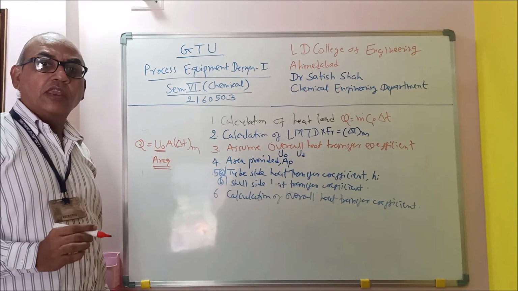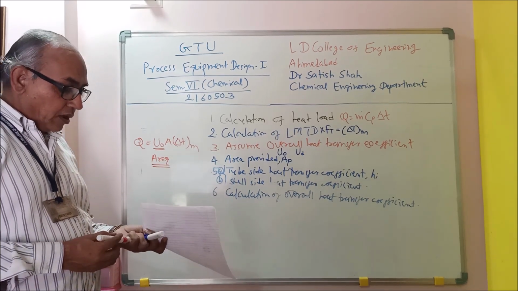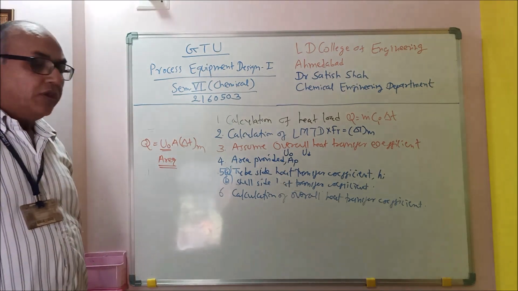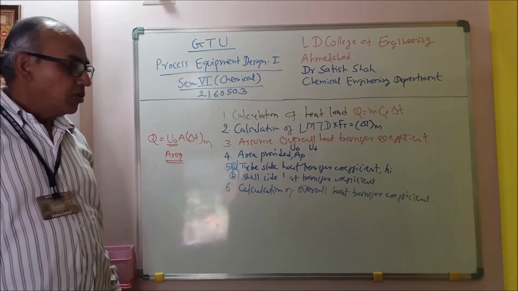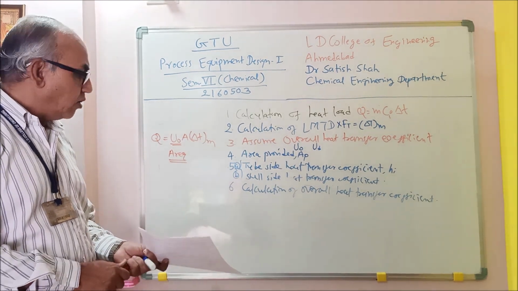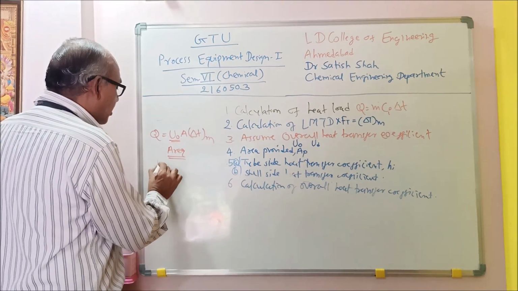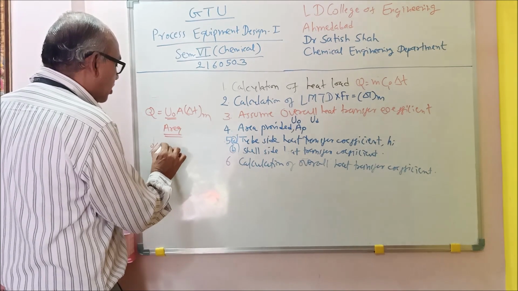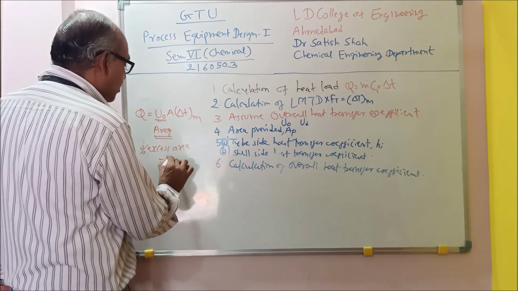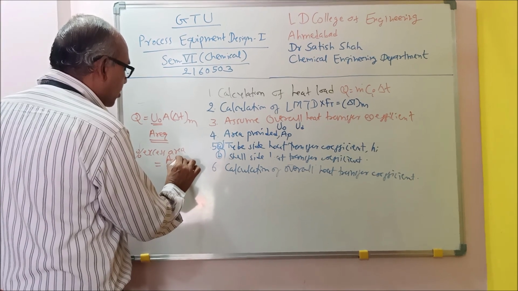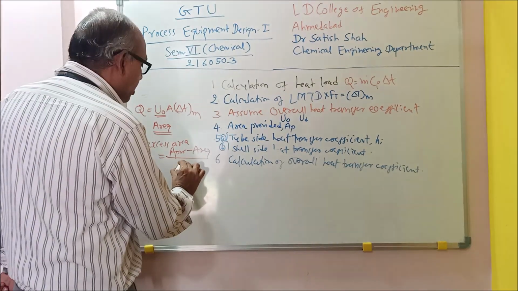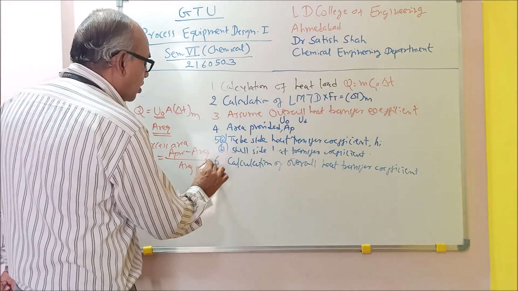Earlier, the area provided was known to us. So from that you will calculate the percentage excess area, which will be area provided minus area required upon area required into 100.